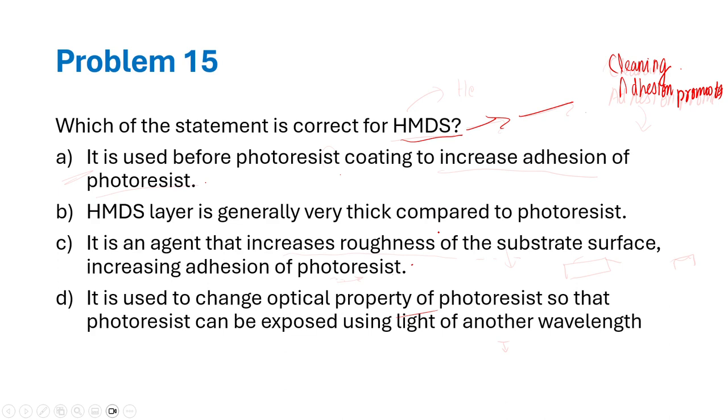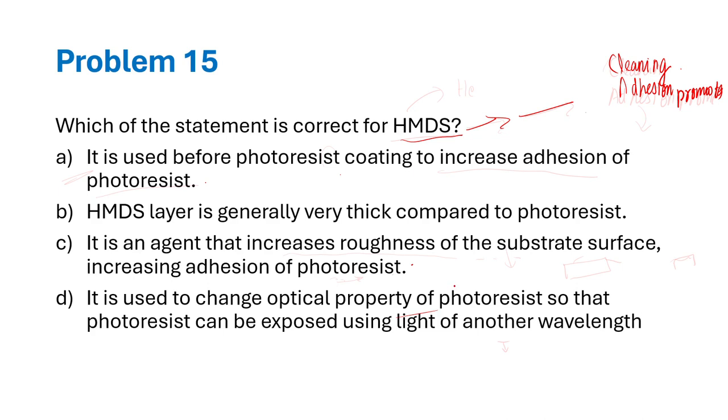And let's say we want to make the photoresist sensitive to another wavelength, there may be some other kind of photoresist that may be suitable for that. We don't want to, and it is not easy to change the property like that. So the answer can be either A or C. Which one do you think it is? C. The correct answer is option A.